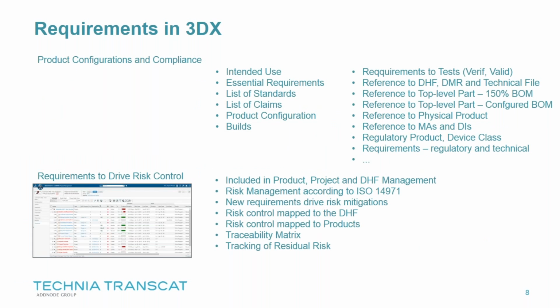It's standard procedure. Whatever I change in my design, in my setup as part of design controls, will typically touch upon the risk analysis. So that's why it's so essential for this functionality. And that's also why we have it as part of the DHF on the product as well as on the project. So that gives you an idea.